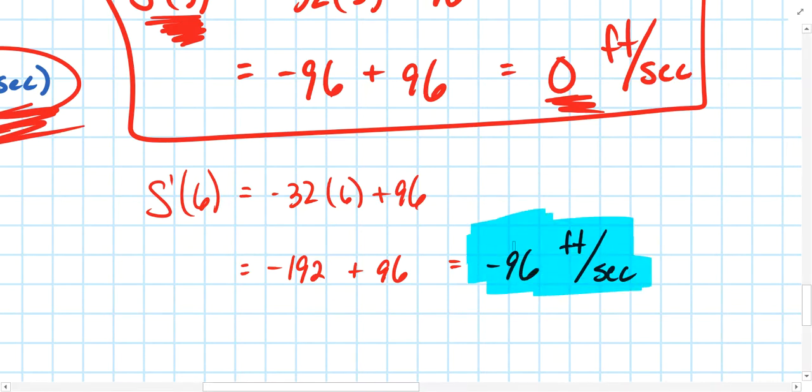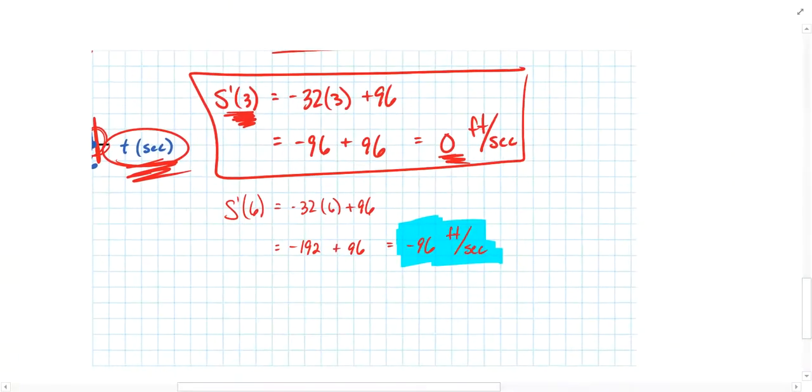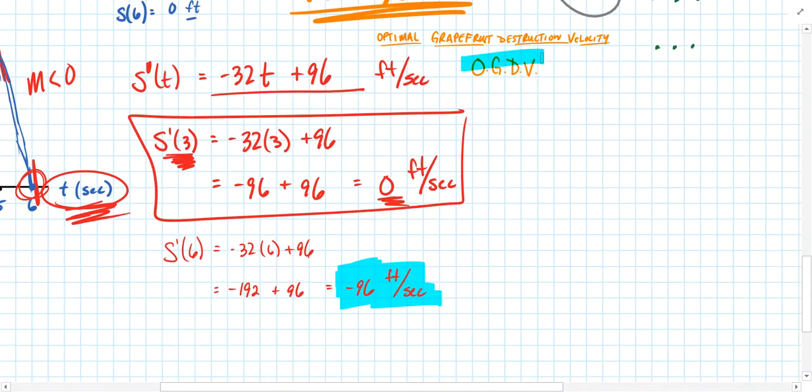Well, the number 96 looks promising, but it's a negative number. Why is it negative? Well, it's negative because the grapefruit is falling downward. It's moving in the opposite direction from where it started. And the number 96 does imply that it's moving at 96 feet per second. So this grapefruit is falling at 96 feet per second downward towards an immovable object, aka the Earth, and I would say yes, it has reached OGDV before it reaches the ground.